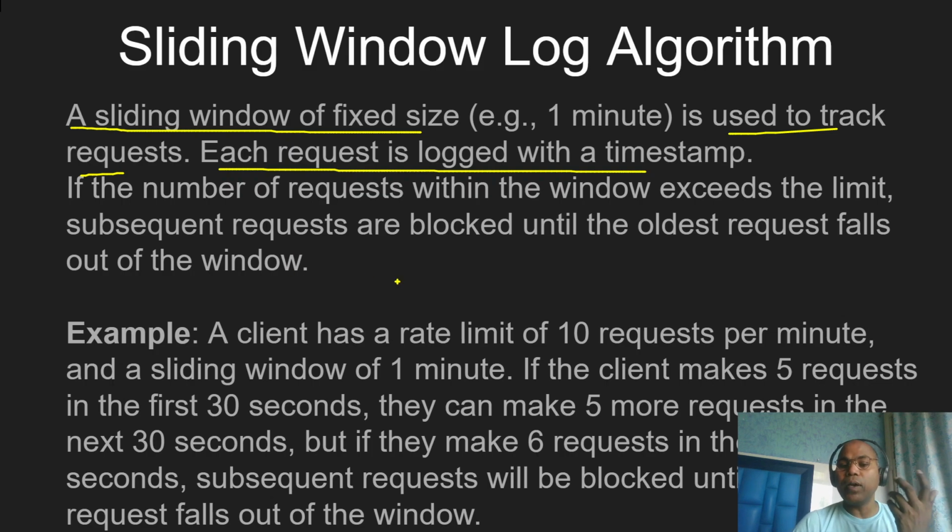For example, a client has 10 requests per minute and the sliding window is 1 minute. The client makes 5 requests in the first 30 seconds, then 5 more requests in the next 30 seconds. Now again they make 6 requests in the next 30 seconds, and after that, subsequent requests will be blocked because the oldest window has not finished.